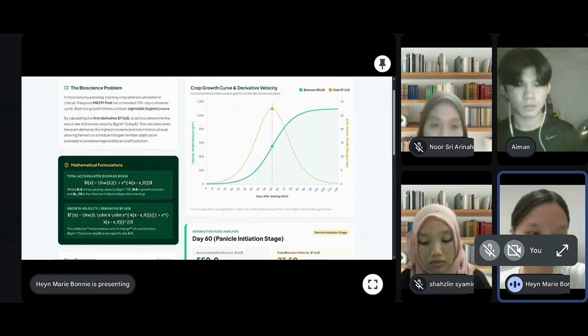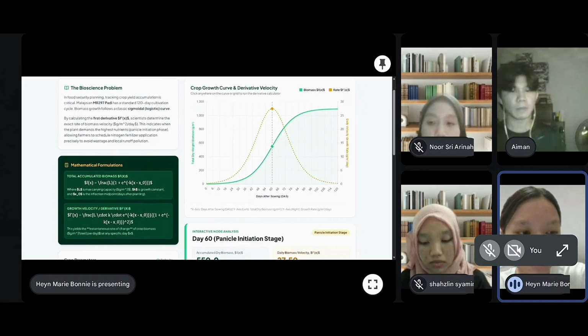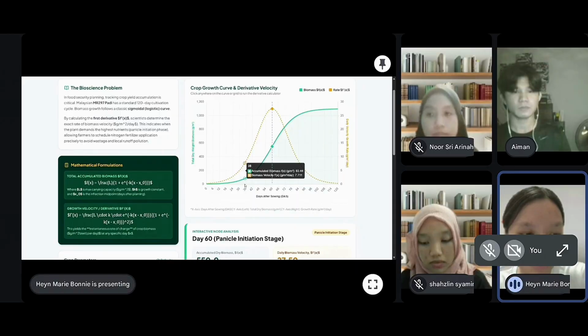On the right column, the line chart updates dynamically. The solid emerald line tracks the cumulative biomass, while the dashed amber line tracks the daily growth velocity. The system also features interactive node analysis.